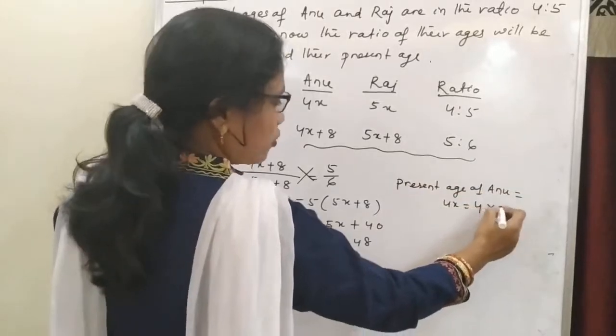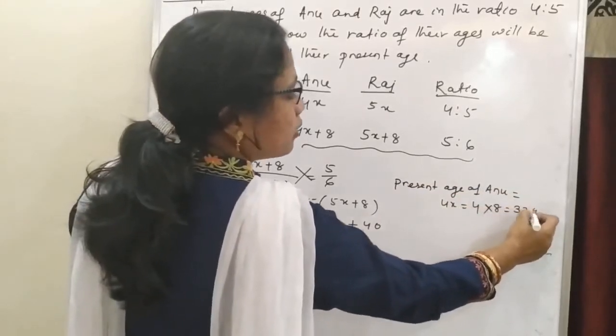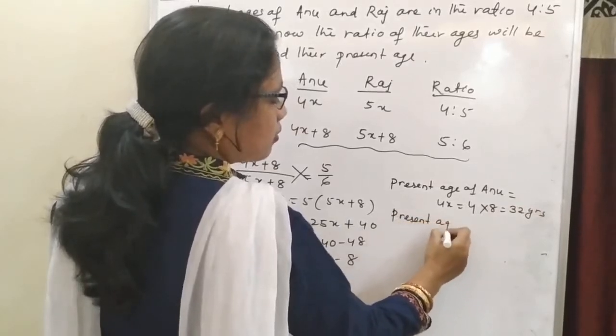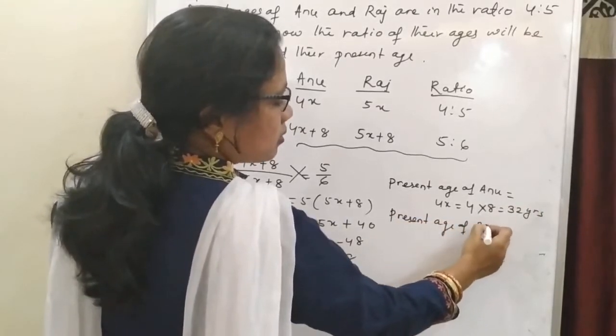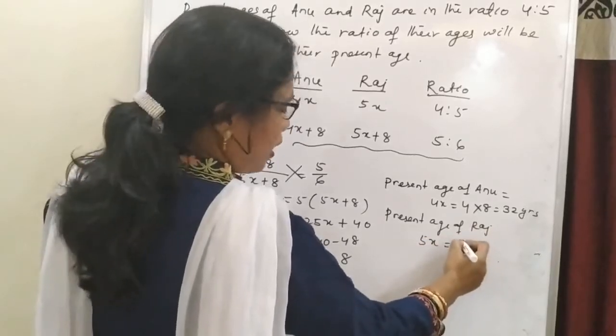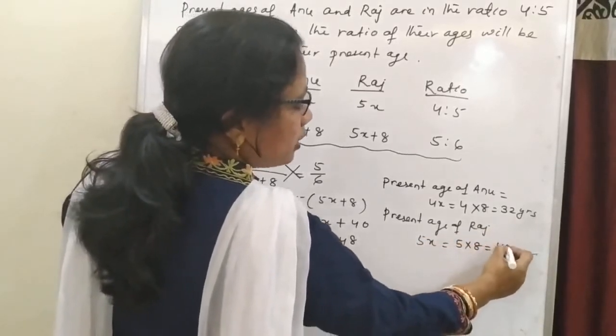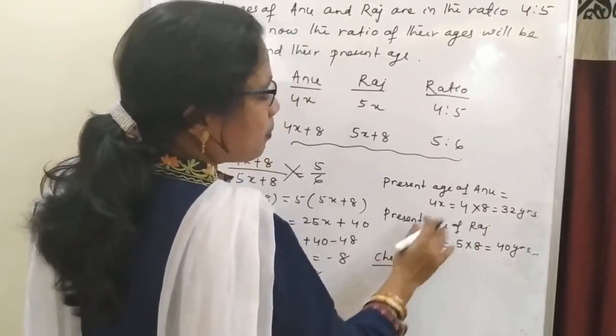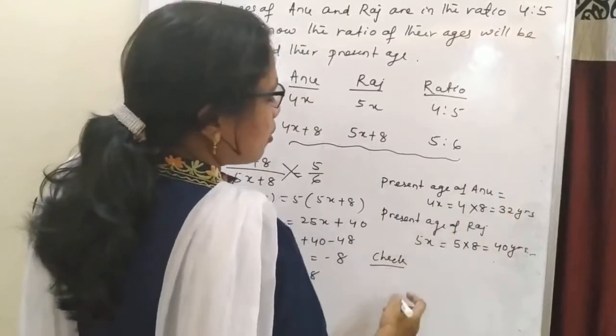That implies 4 multiplied by 8 is equal to 32 years, and the present age of Raj is equal to 5x. This is equal to 5 multiplied by 8. This is 40 years. Then we can check after 8 years.